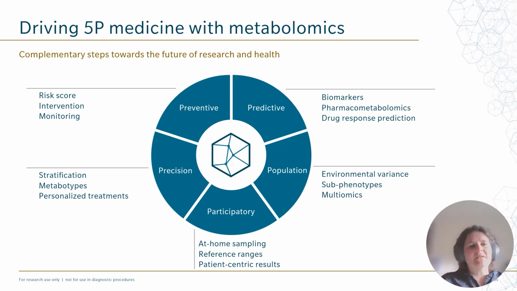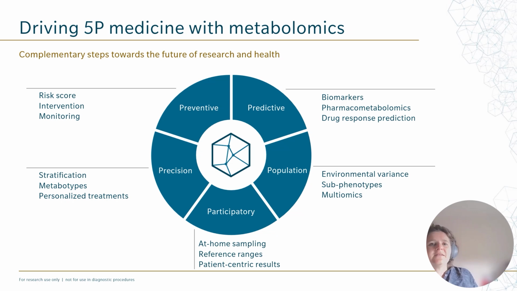So when you look at this from the perspective of metabolomics, for example, for preventive medicine, some of the uses you can make of metabolomics are, for example, calculating metabolic risk scores. You can also design and monitor interventions, whether they are therapeutic or lifestyle interventions, like dietary interventions.